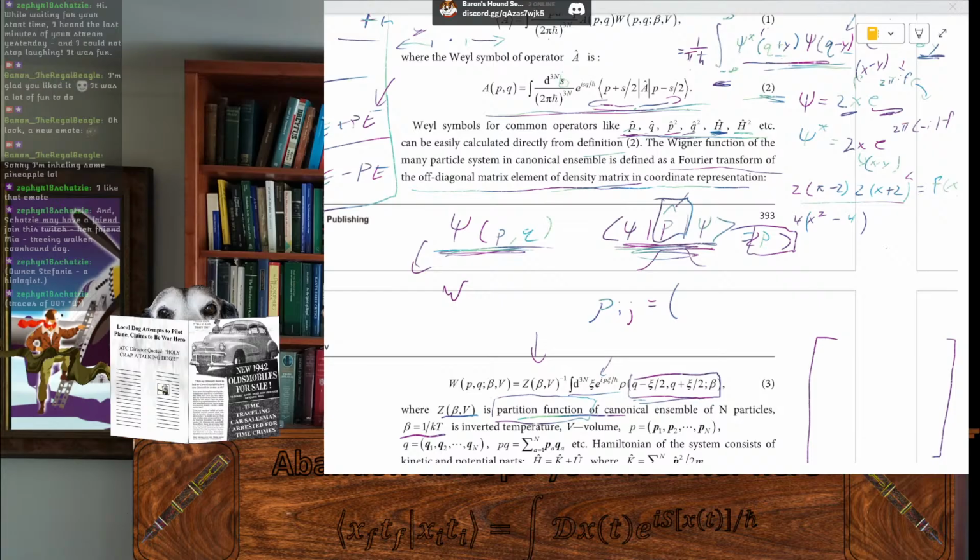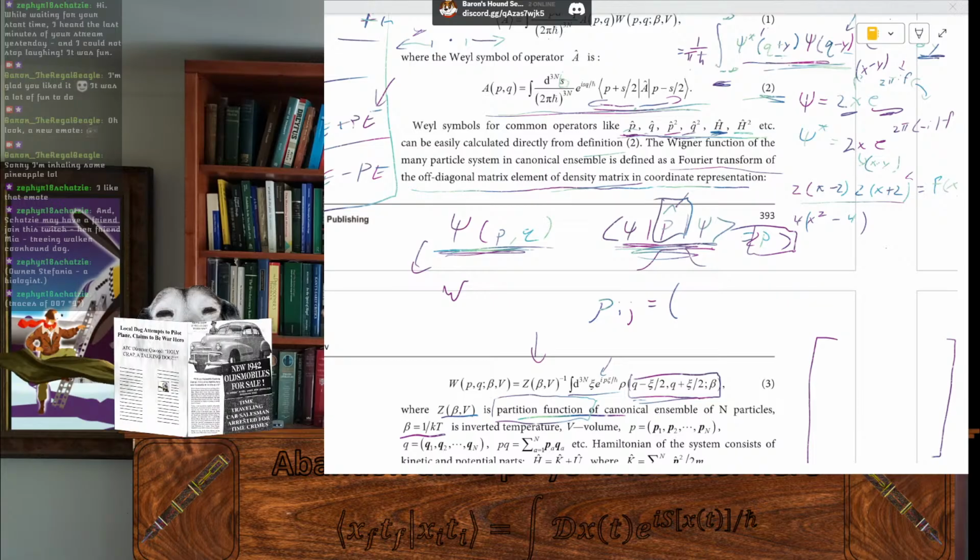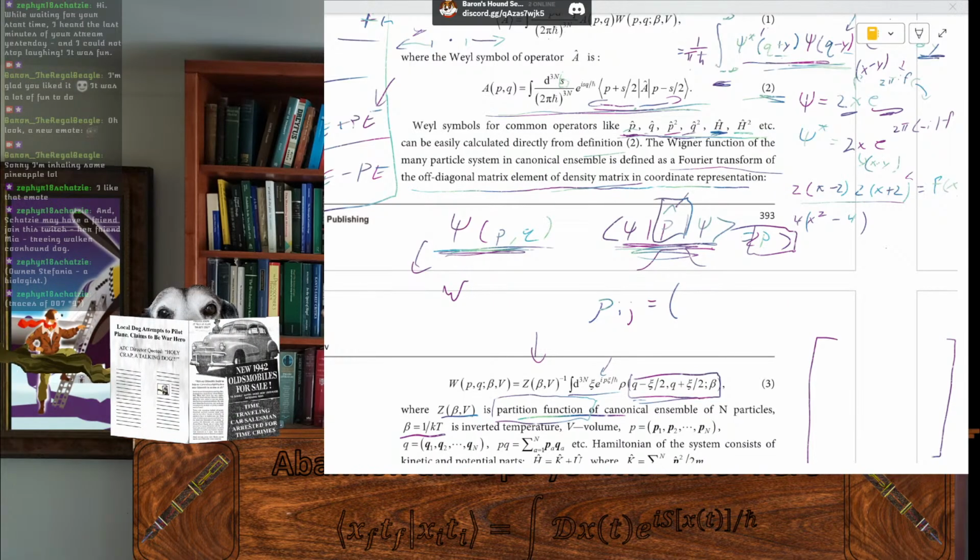This is way more annoying than I really want to get into. The density matrix satisfies the von Neumann equation, with the commutator of H and rho.